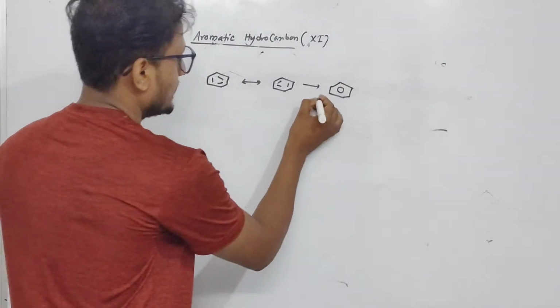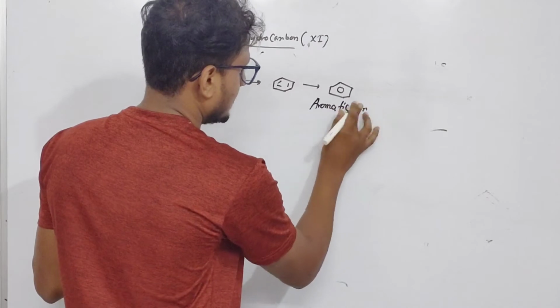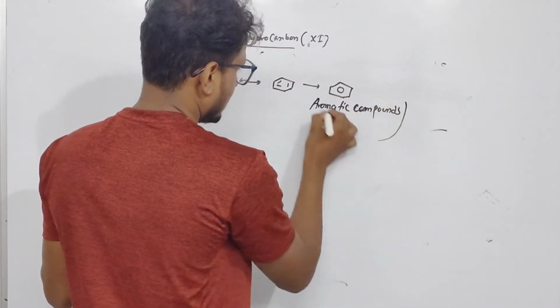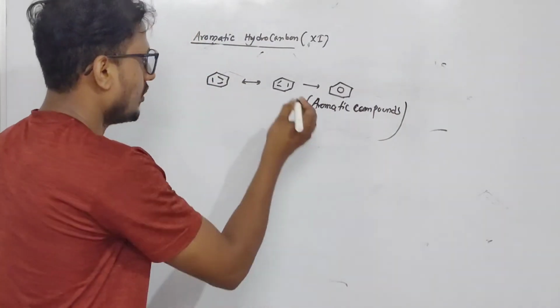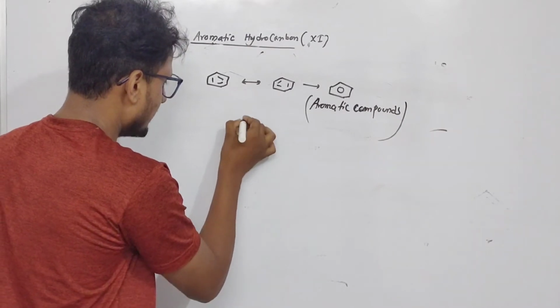Now benzene is an aromatic compound. We can prepare more compounds with benzene, and they are called benzenoid compounds. Suppose we all know that each carbon of the benzene ring has one hydrogen.